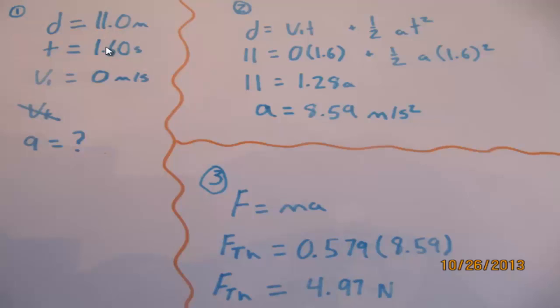In the video just shown, the car traveled 11 meters in 1.6 seconds with initial velocity of 0, and the final velocity was irrelevant, so we did not calculate it, and we calculated acceleration. Here's our work shown for calculating acceleration, which came out to be 8.59 meters per second squared, and then we used Newton's second law to calculate force of thrust.